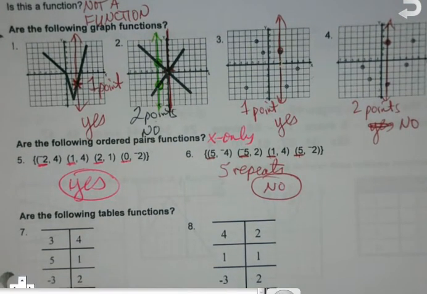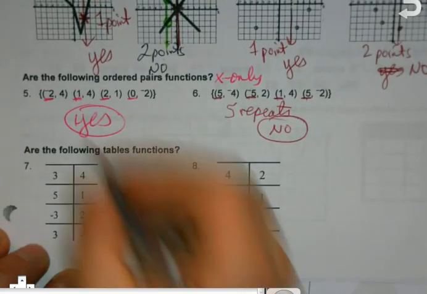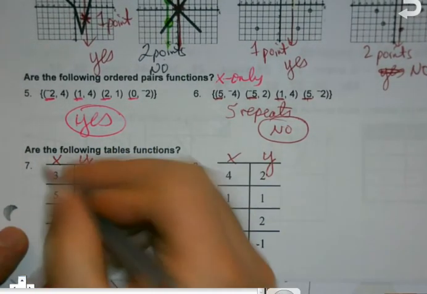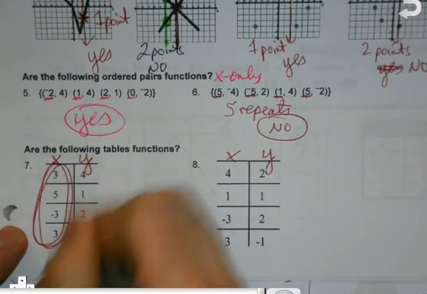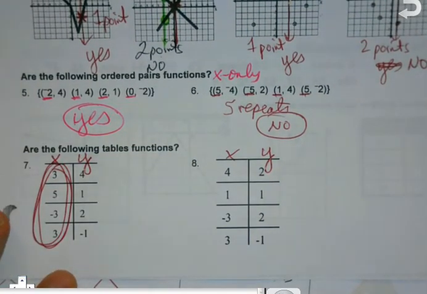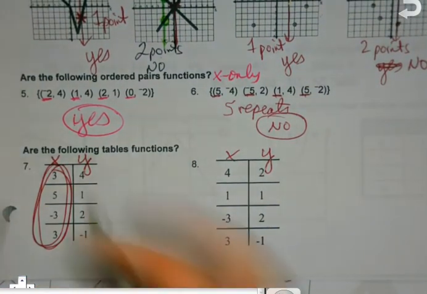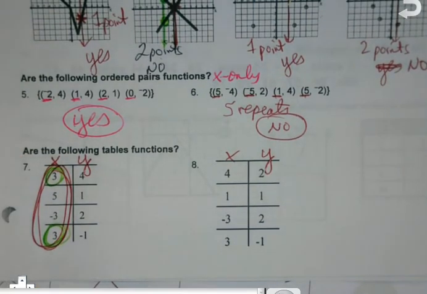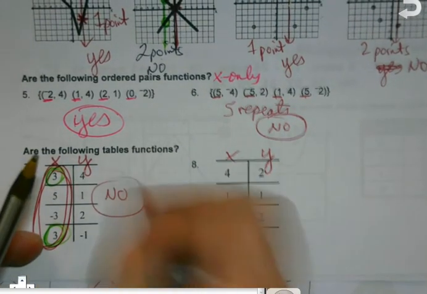Tables work just the same way. My x values will always come first, and then my y's. And again, I'm just looking at the x's. And if I see any that repeat each other, like the 3 does here, it's not a function.